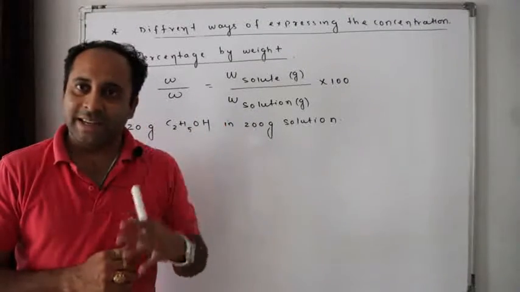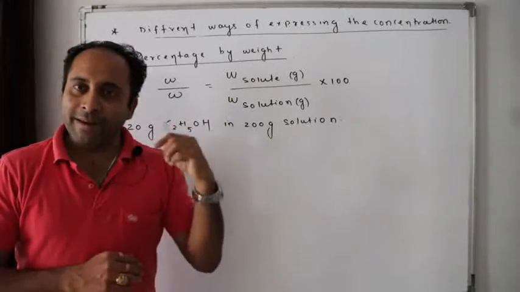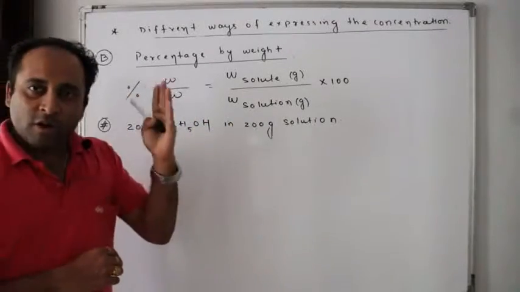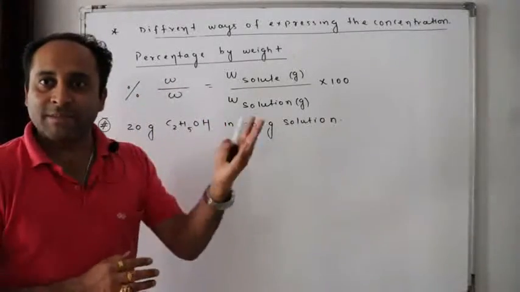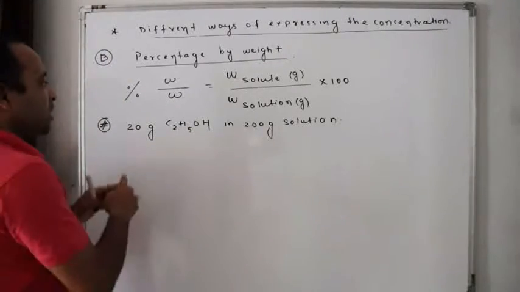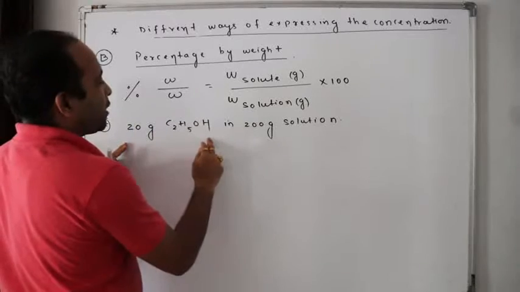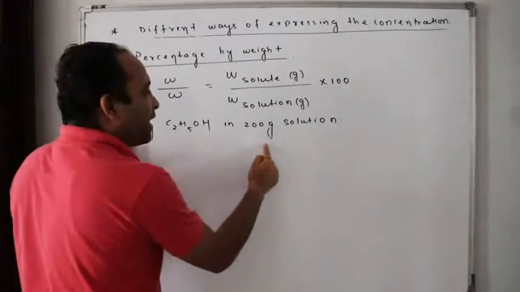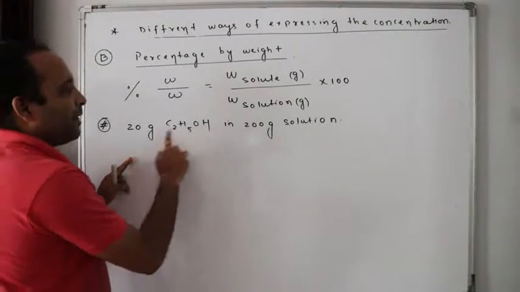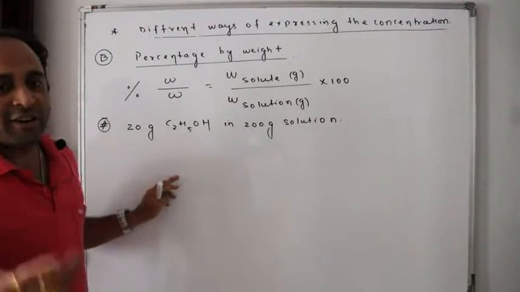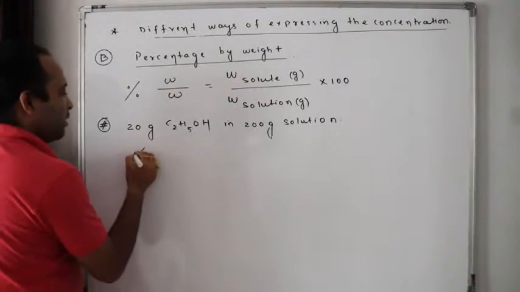Always try to analyze in terms of 100. Whenever I discuss any percentage, always try to analyze in terms of 100. Am I loud and clear? So if I say 20 gram of ethanol in 200 gram solution, that means 20 gram in 200 grams. So 10 gram in 100 grams, 10%. Unitary method. Or else, let us go for the formula.